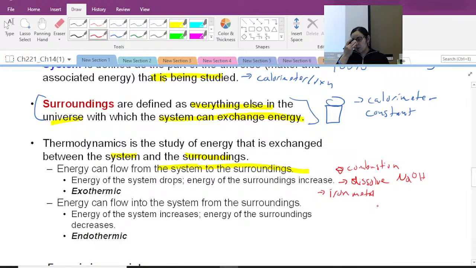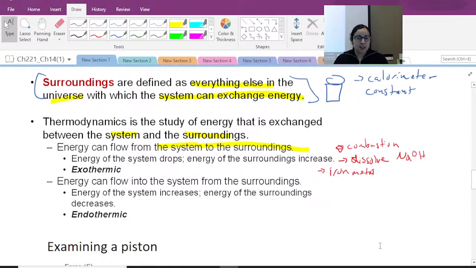So now let's talk about endothermic reactions. Watching the chat, decomposition of carbon dioxide, that'd probably be combustion. An endothermic reaction has energy flowing into the system.